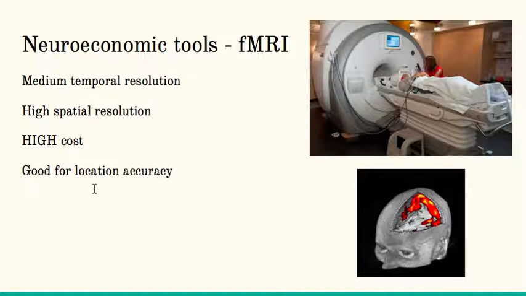occurring. And how this machine works is it creates this immense magnetic field that aligns all the protons within hydrogen atoms that are located within the water molecules in your body.